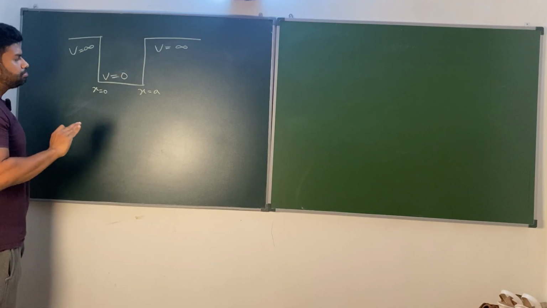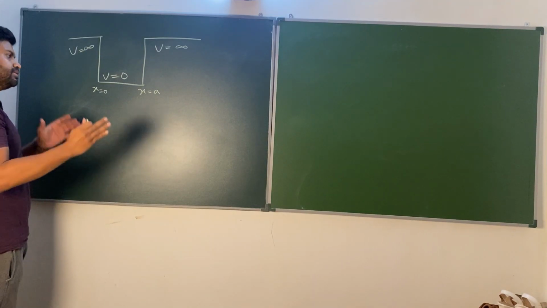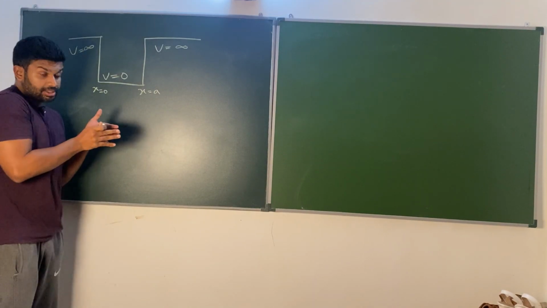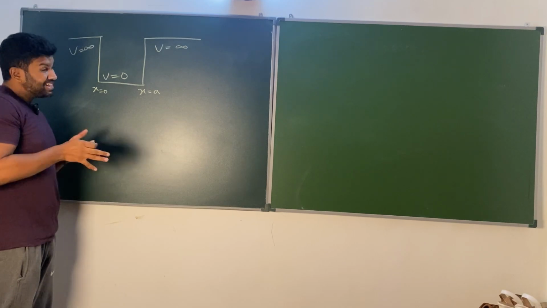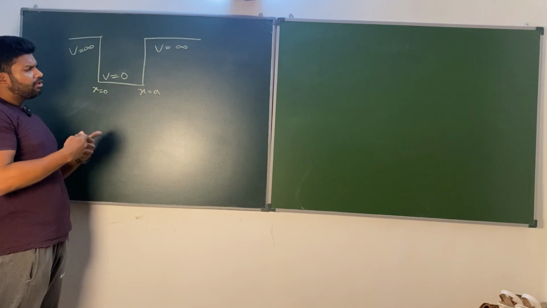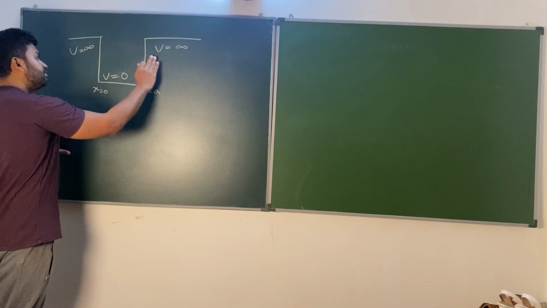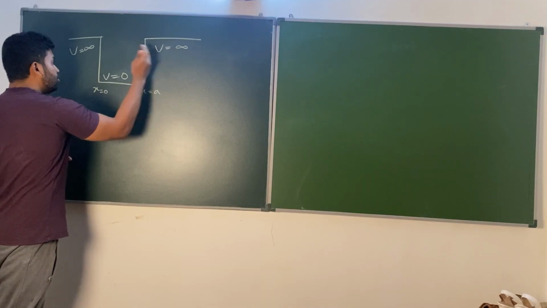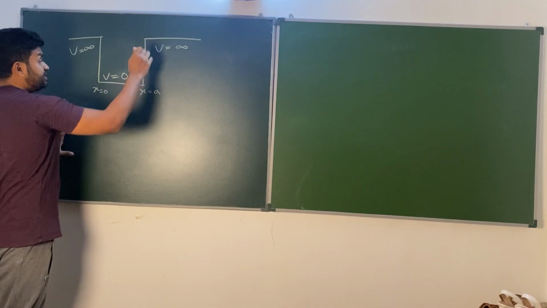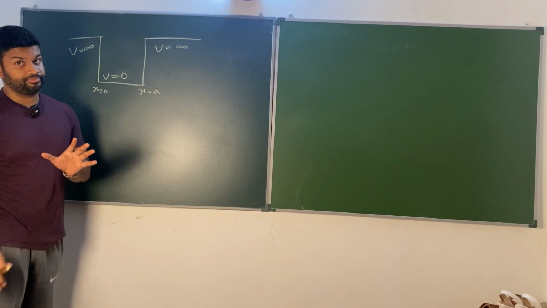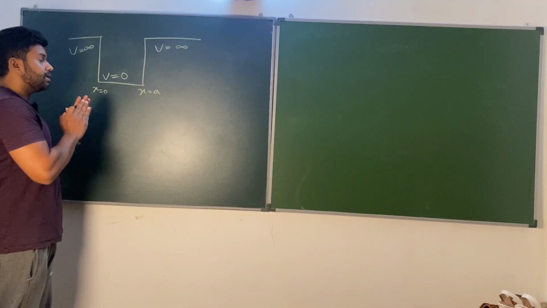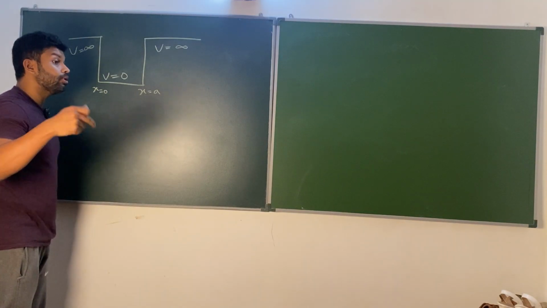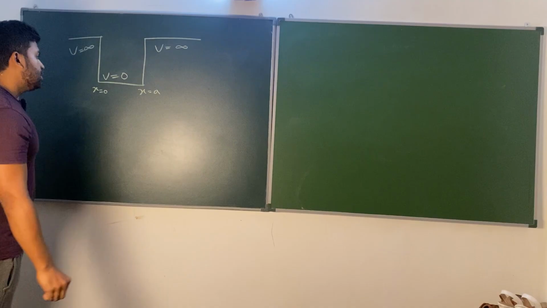So now it's pretty obvious, even from the particle or classical perspective, that the particle can't ever reach this region or that region because of this infinitely large potential. That's the first important thing to be noticed, right?